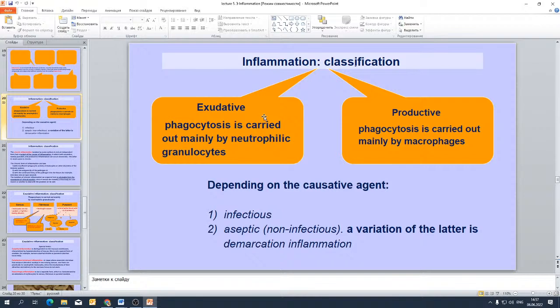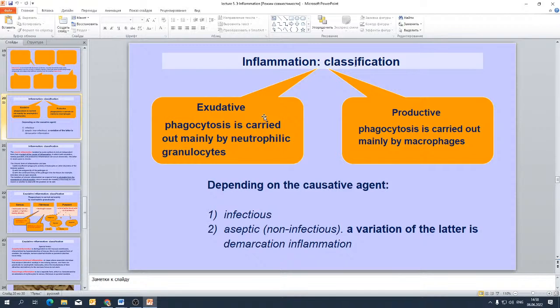In pathological anatomy, you look at microslides and look at changes, because we need to determine exudative or productive inflammation. For example, in exudative inflammation, phagocytosis is carried out mainly by neutrophilic granulocytes. In productive inflammation, phagocytosis is carried out mainly by macrophages.